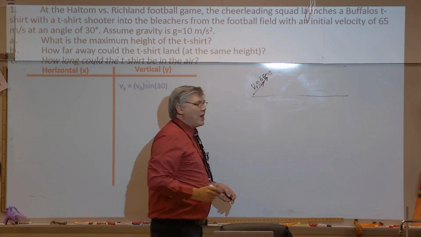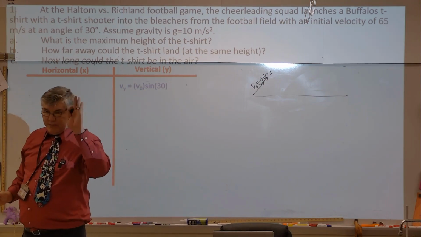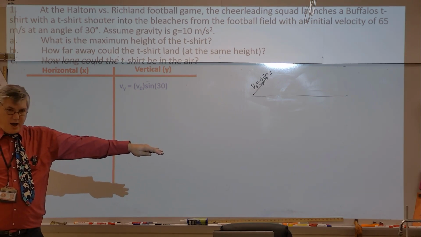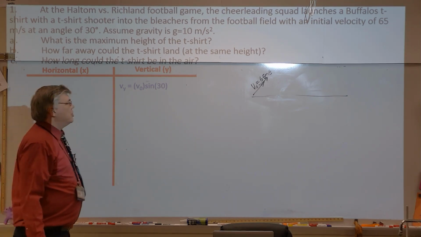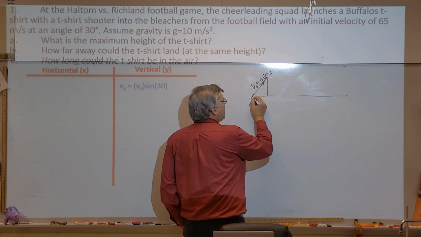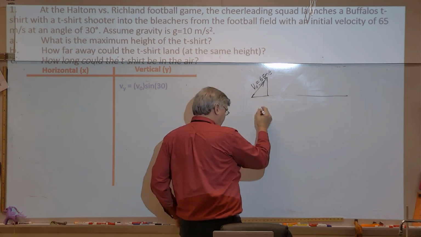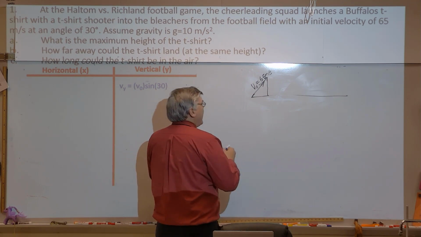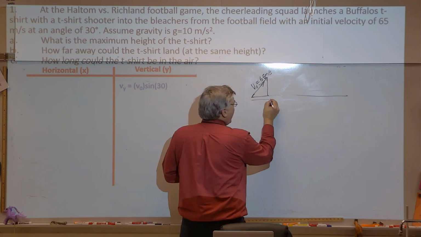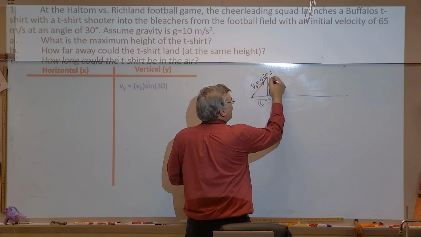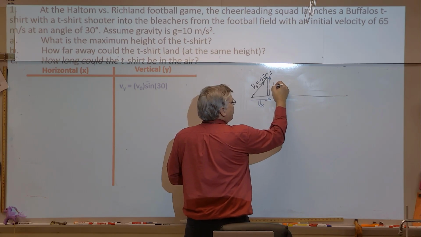Now some of that velocity is in the up direction, and some of that velocity is in the x direction, right? So we need to separate those two from each other. We do that by considering that this is really a right triangle, and on the bottom we have some Vx, and right here we have some Vy.